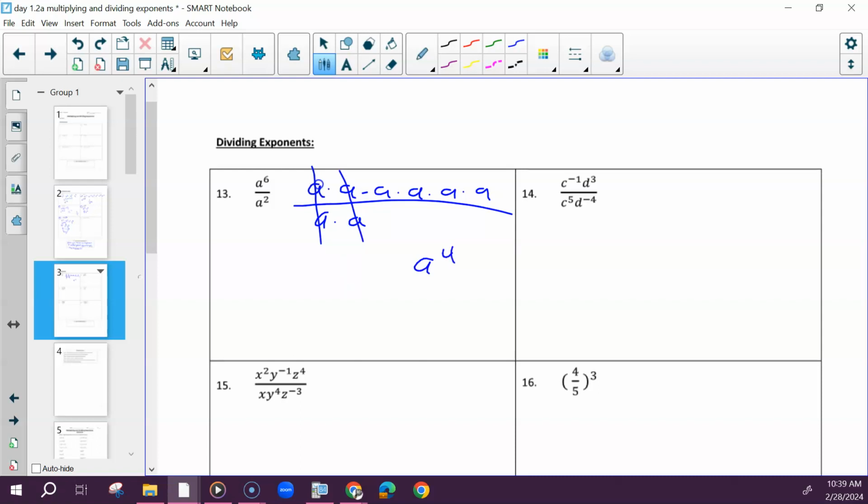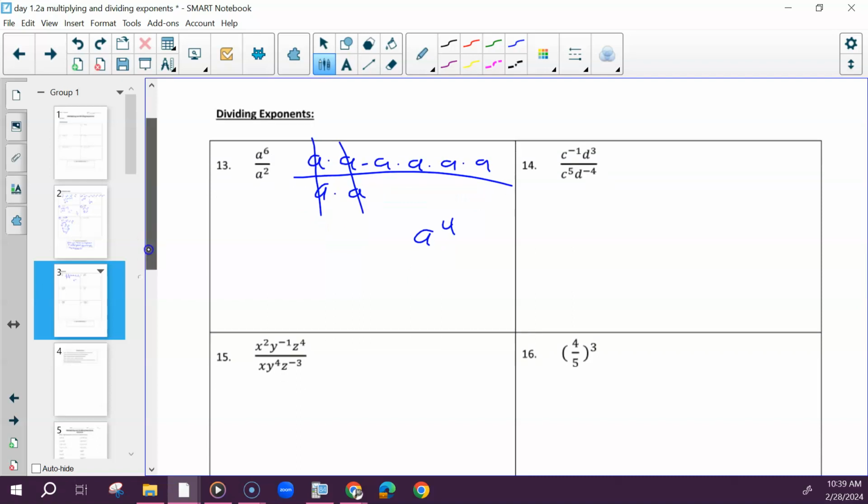What do we think this rule might be? Subtract. When dividing like bases, we subtract the exponents. So here I could have just done 6 minus 2 is 4. So let's write that rule down.